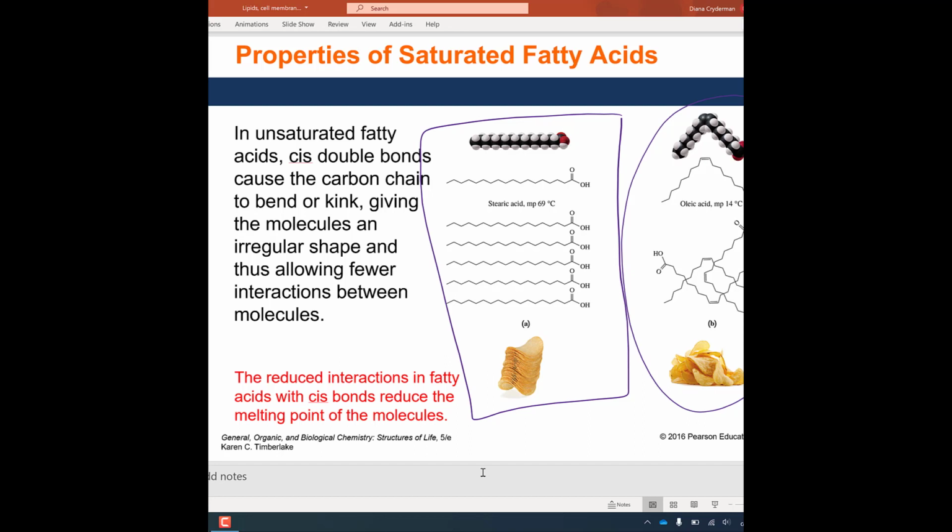So fewer interactions can really happen in between something that can't stack nicely. And we'll talk about what that might mean in terms of cholesterols and what that might mean in terms of fat versus oil.